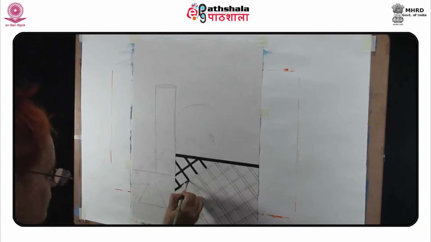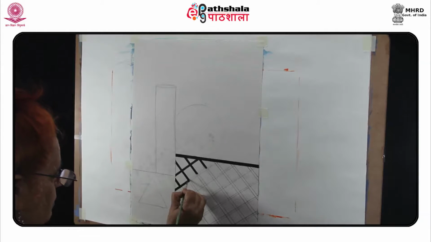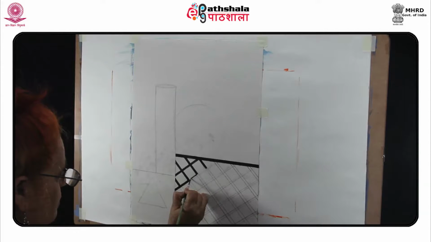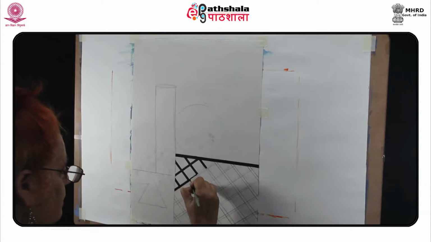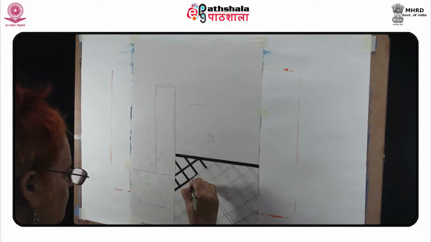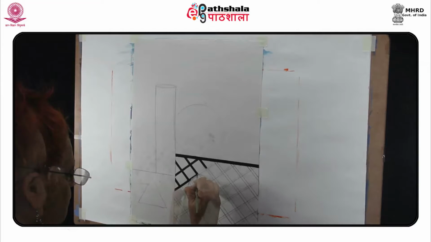Use the ruler as a printing tool. You can also apply paint to the edge of a ruler and print the line by pressing the edge firmly on the surface.